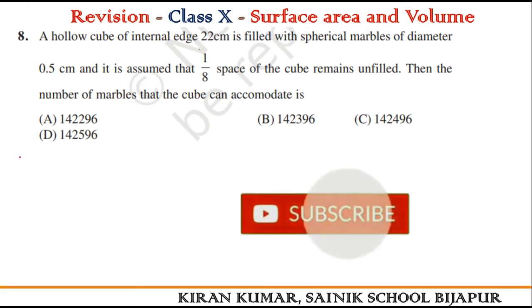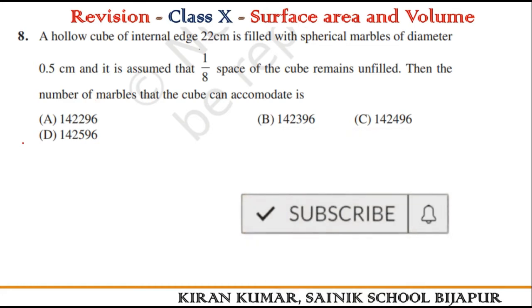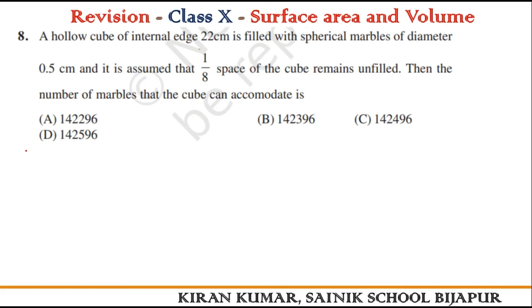As per the question, the edge of the cube is 22 centimeter, so I can find the volume of the cube. The volume of the cube is 22 cubed. When we cube 22, we get 10648 cm³. This is the volume of the hollow cube.